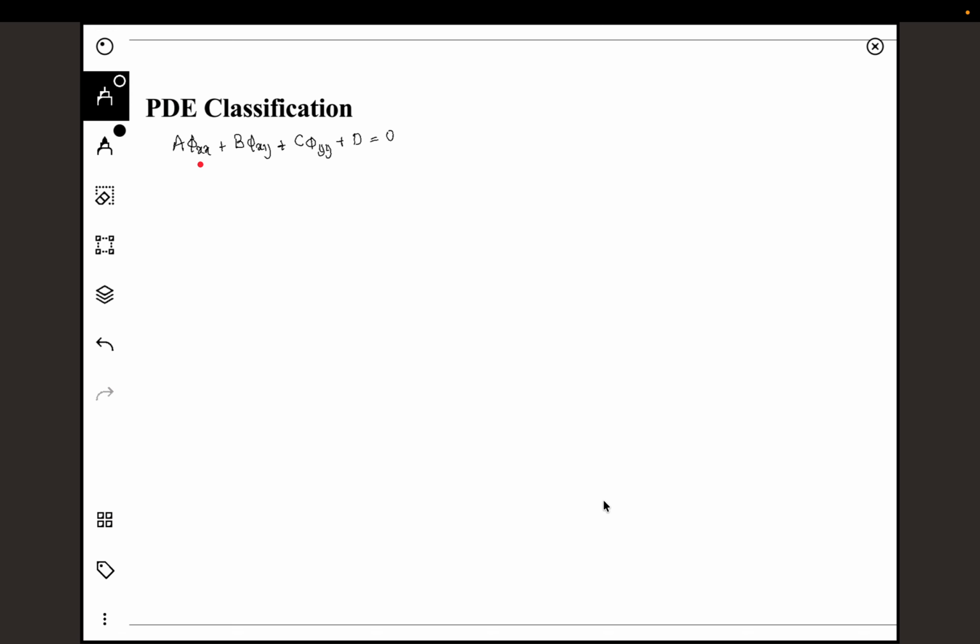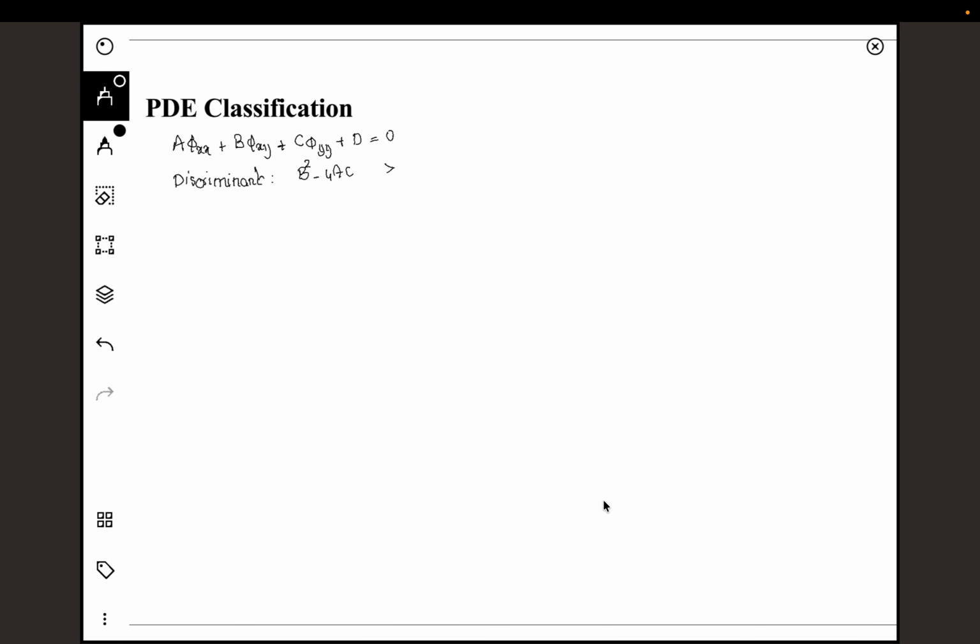Before solving the equation, we want to understand the nature of this particular PDE. Then we define something called the discriminant as basically b square minus 4ac.